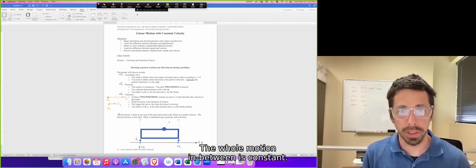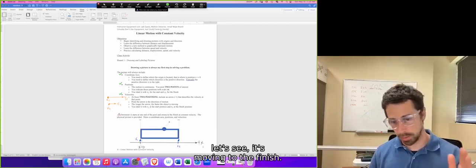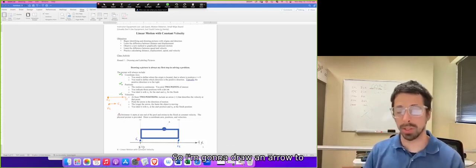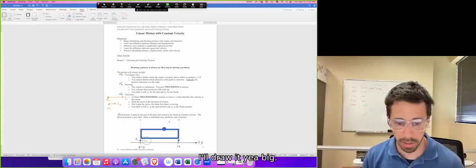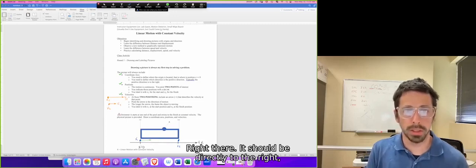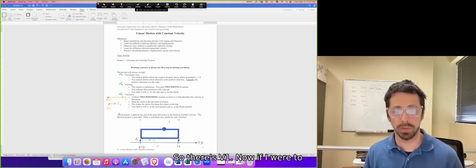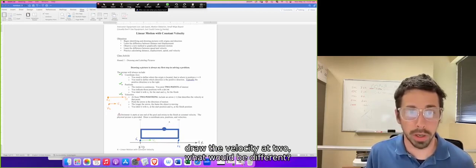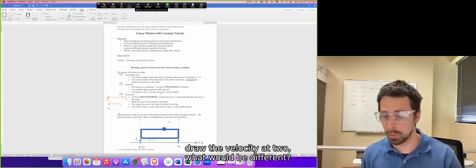Now, if the motion in between is constant, well, it's moving to the finish, so I'm going to draw an arrow to the right towards the finish. I'll draw it yay big right there. It should be directly to the right, but it just kind of squeaked its way up a little bit. So there's V1. Now, if I were to draw the velocity at 2, what would be different?